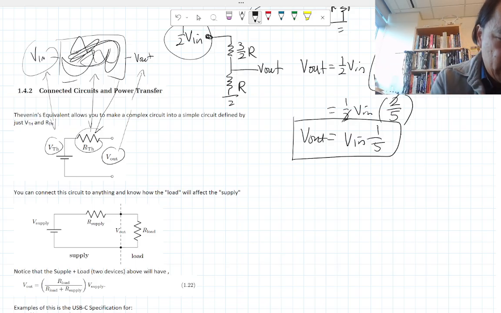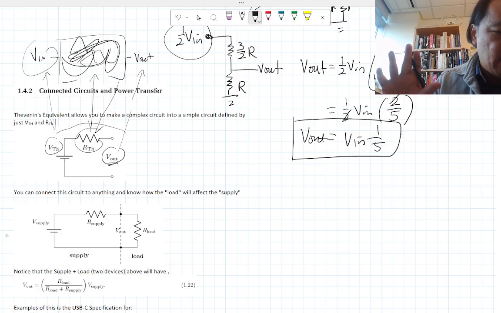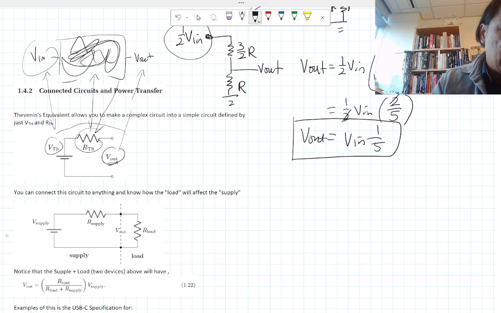So if I know what the input has to be, the equivalent resistance, or impedance in the case of an AC circuit, and the output, I can connect this to any device and know how this device will actually behave.